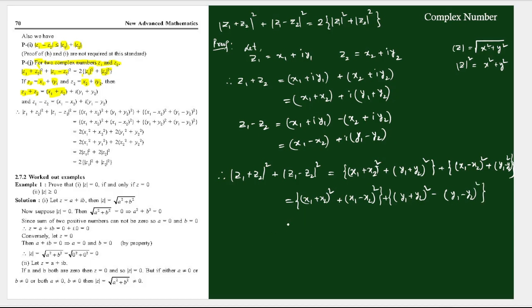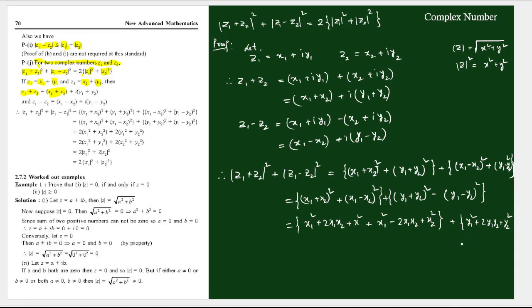Okay, now break the formula. What will we get? x1 square plus 2x1x2 plus x2 square, plus here also x1 square minus 2x1x2 plus x2 square, plus here also same y1 square plus 2y1y2 plus y2 square.